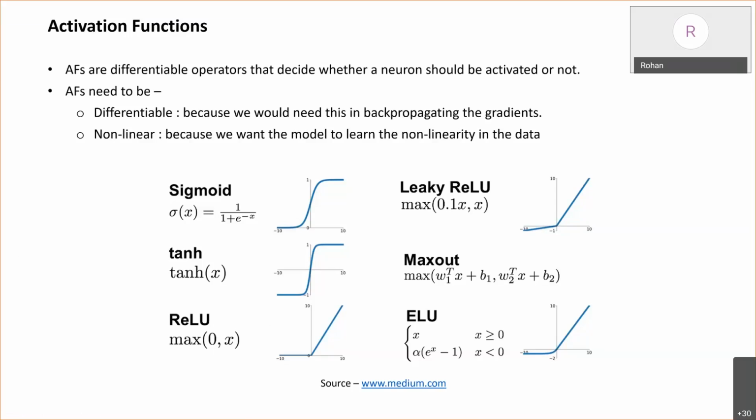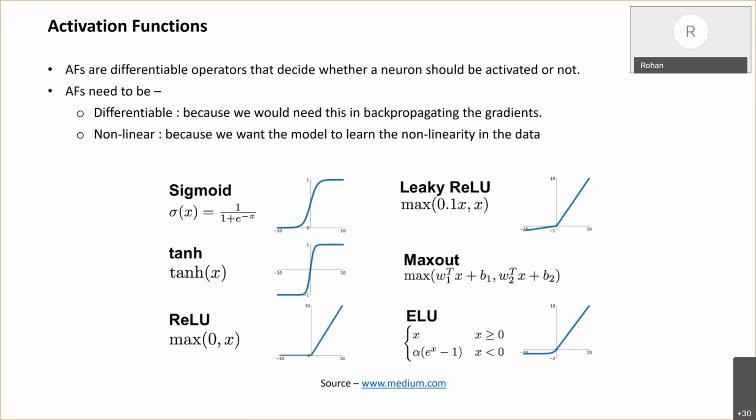The formula is also given over there, max of 0 comma x. So if you pass a negative value, the max will be 0, the output will be 0. If you pass something like a 5 or say 0.2, the max of 0 and 0.2 will be 0.2, right? So it's a very simple concept, but a very powerful technique to use these activation functions in the domain.